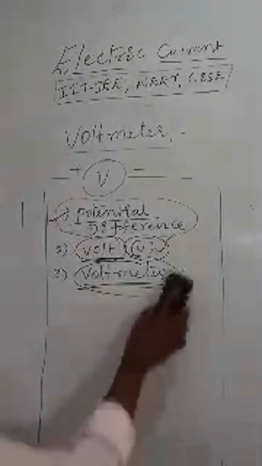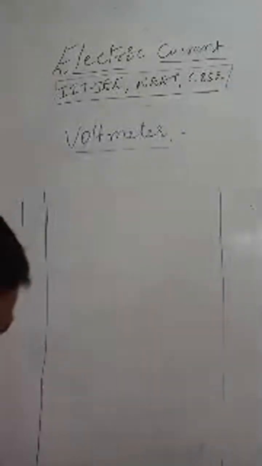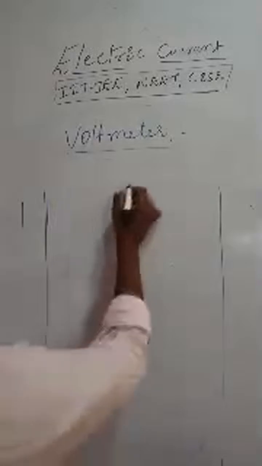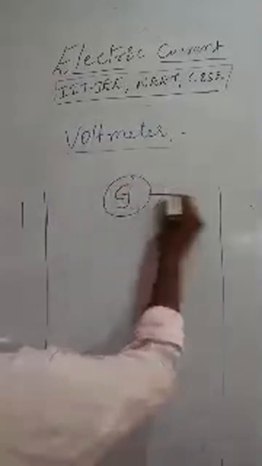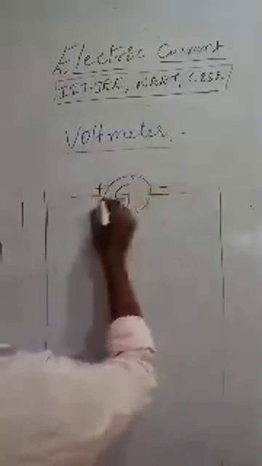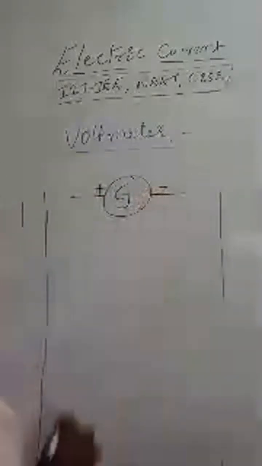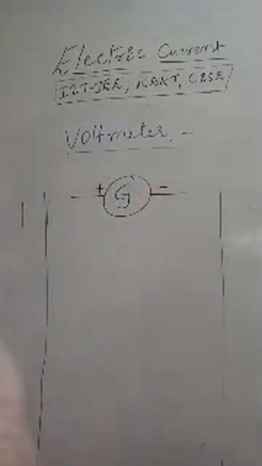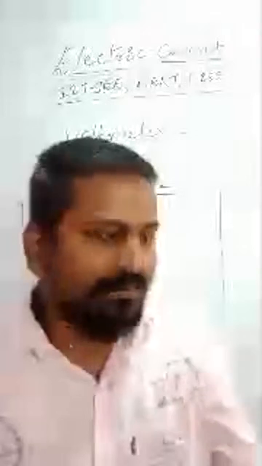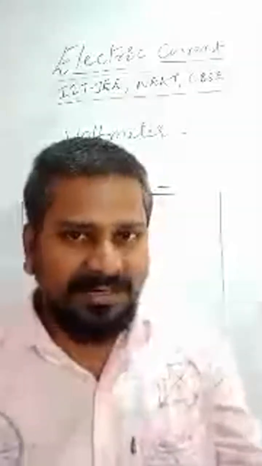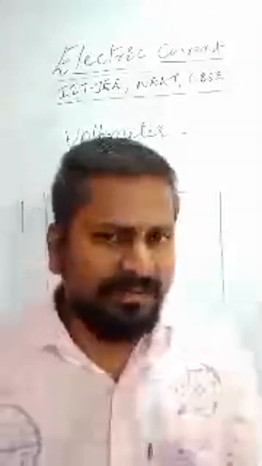And next one, galvanometer. The galvanometer is the G. It won't measure, it will just check whether the current is flowing or not, like a tester. Normally an electrician has a small pen-type tester, and when plugged in, it glows like a small LED.